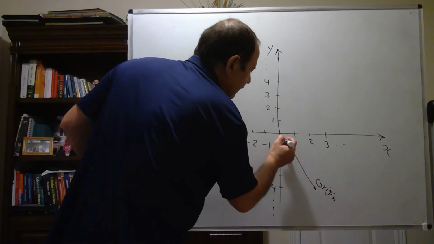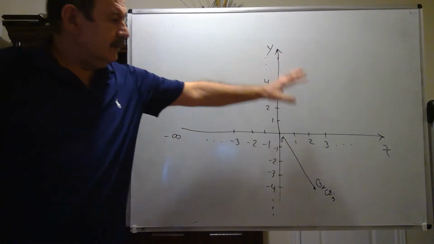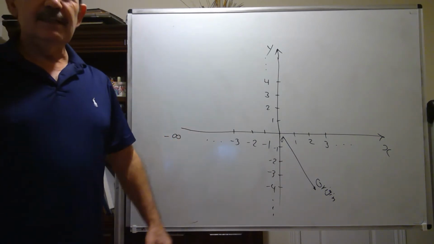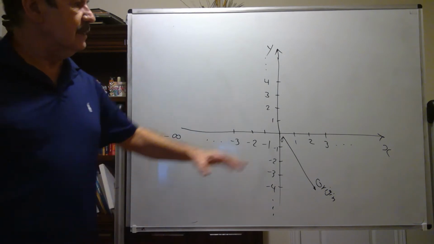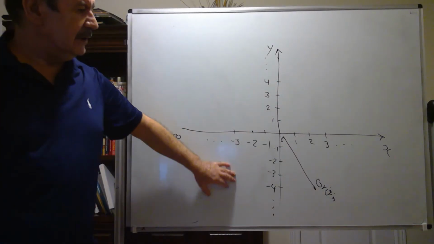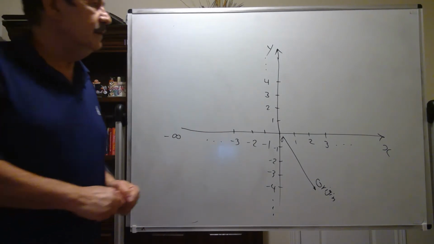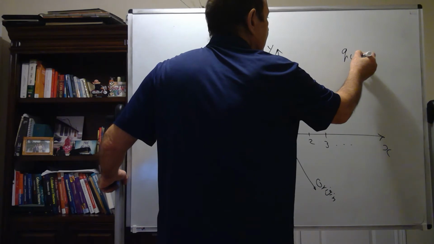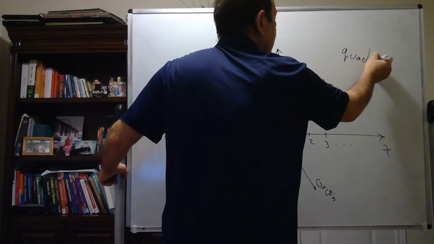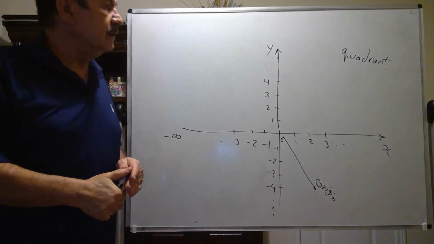The whole region, or whole area, is divided into 4 parts, or 4 areas: 1, 2, 3, and 4. Each of these areas we call a quadrant.